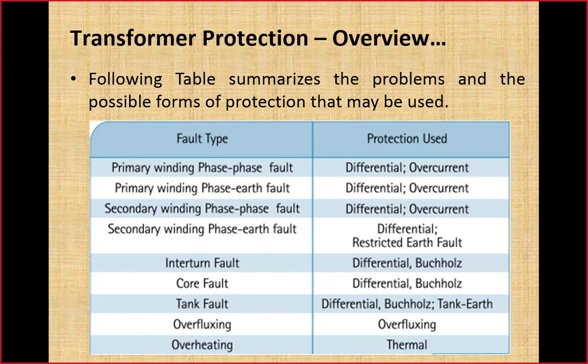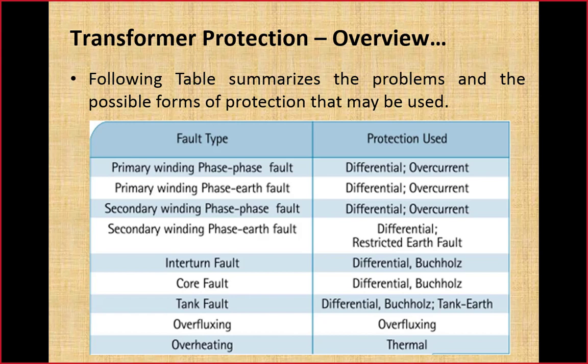Overfluxing means either an increase in voltage or a reduction in frequency, which would be detected with the help of the overfluxing relay, known as volts per hertz protection or V over F protection. And then finally overheating. We have a mechanism to detect overheating with the help of a temperature sensor and corresponding temperature relay to detect the temperature of the transformer against overload condition.